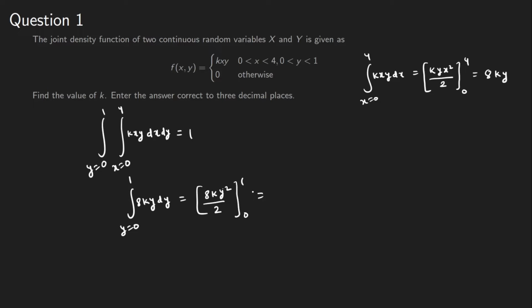When you put y equals 1, it will become 4k. This is the value that we have got by integrating this PDF, but we don't know the value of k here. But we know that it will be equal to 1. So from here we can calculate the value of k, which will be equal to 1 by 4 or 0.25.